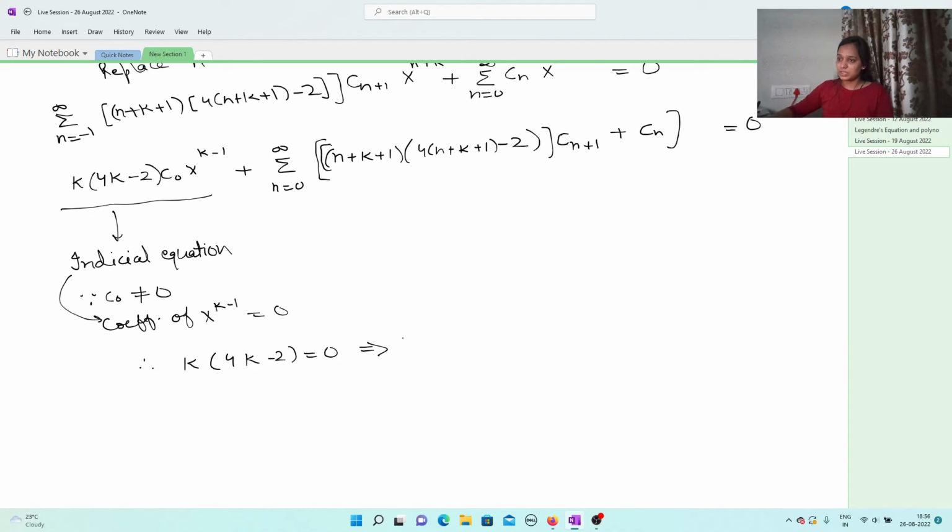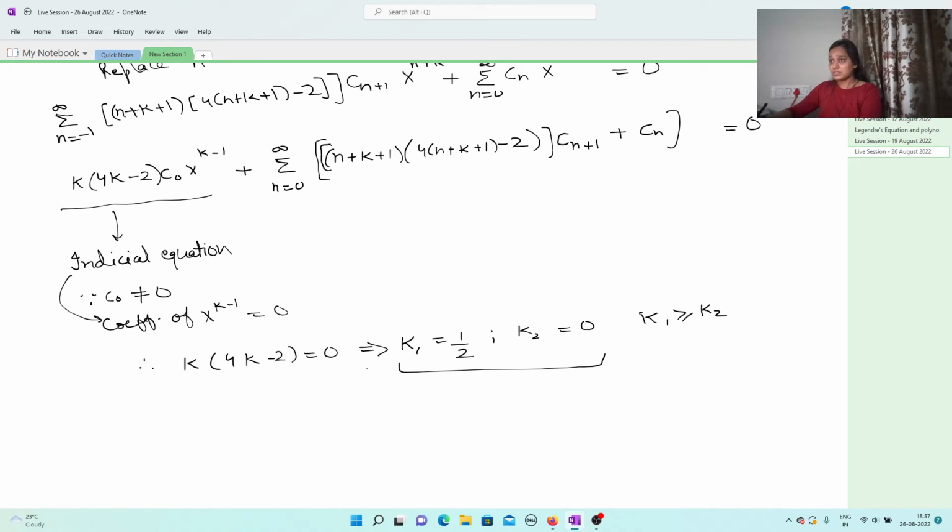So from here we get k1 equals 1/2 and k2 equals 0, because by convention we take k1 greater than k2. So now we have got two unequal values, and the difference is not an integer.